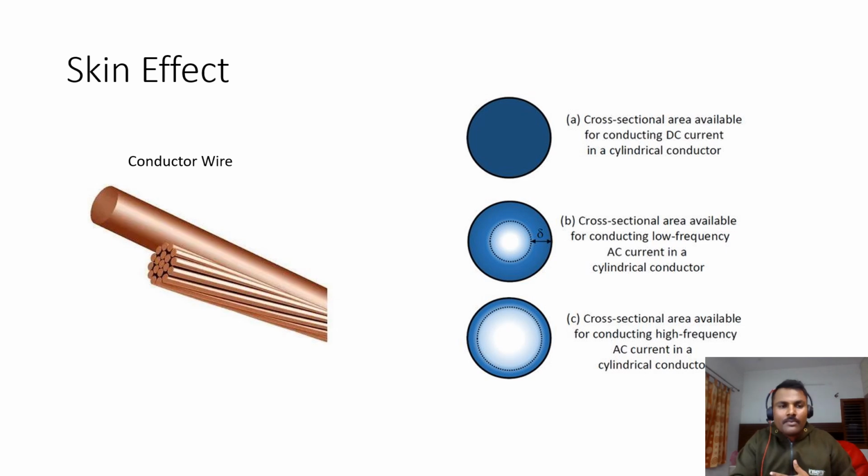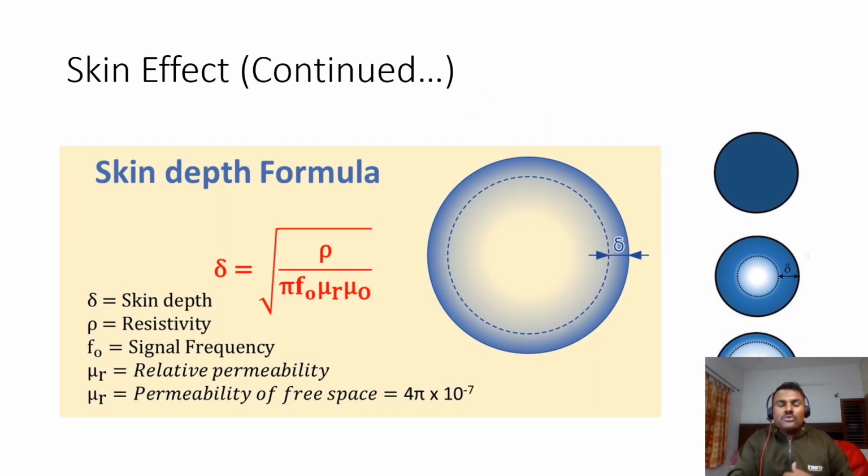Next we will see the equation for how this depth is calculated. You can see the skin depth formula. Skin depth is inversely proportional to the frequency, as you can see in the equation.